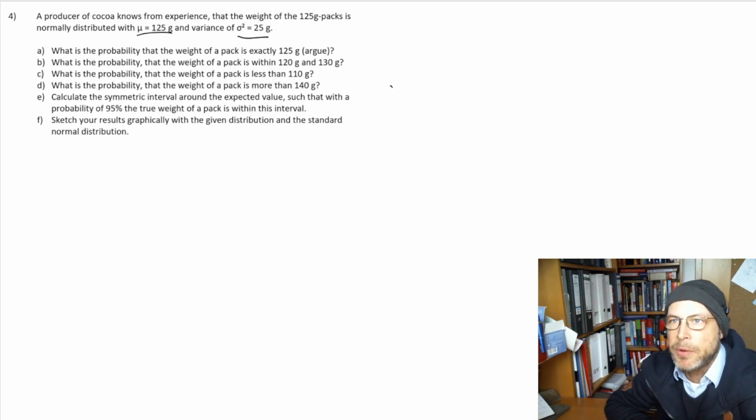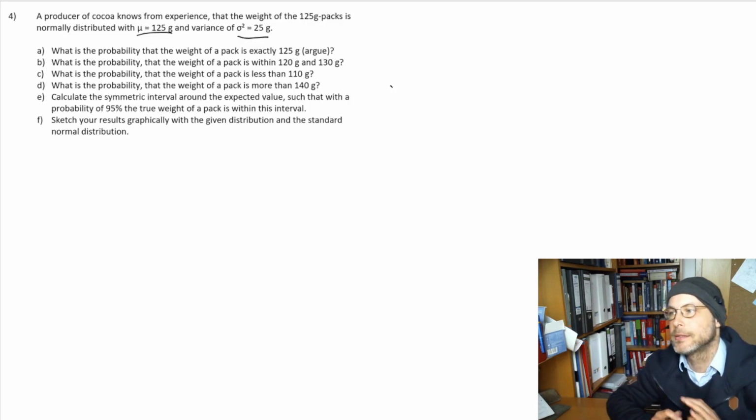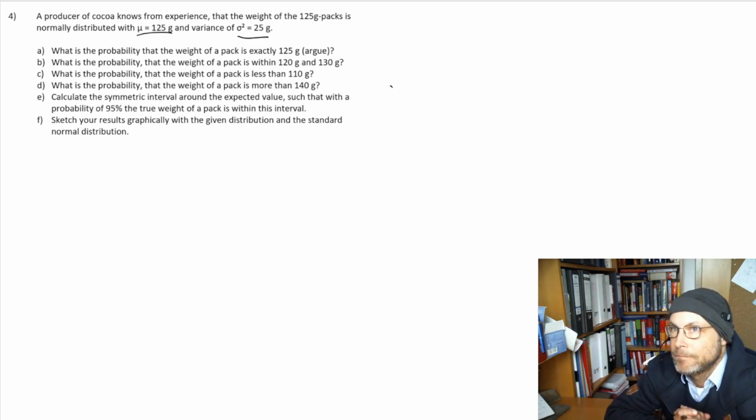So what is the probability of a package to be exactly 125 grams if we assume that the weight of our packages is randomly distributed?